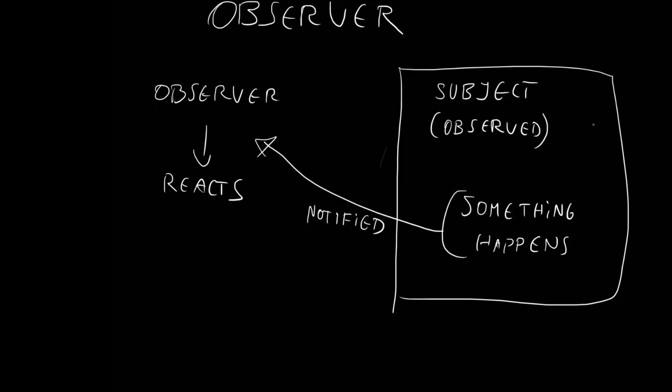So the advantage of this is that the subject does not know who the observers are, and it does not care. It's like a TV show or a stream or a YouTube video or whatever. It's just there. It's happening, and you can tune in. You can just watch. You can observe it.